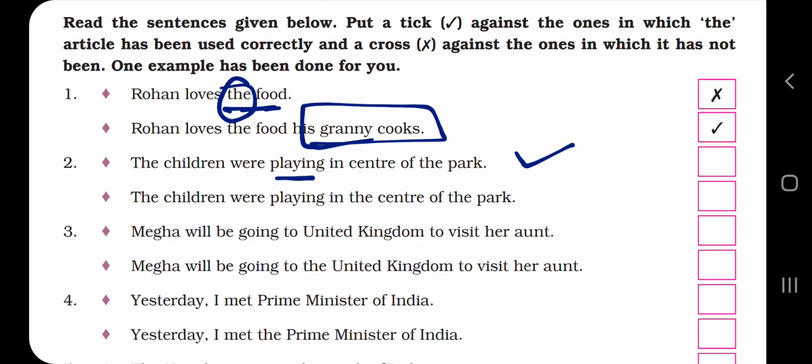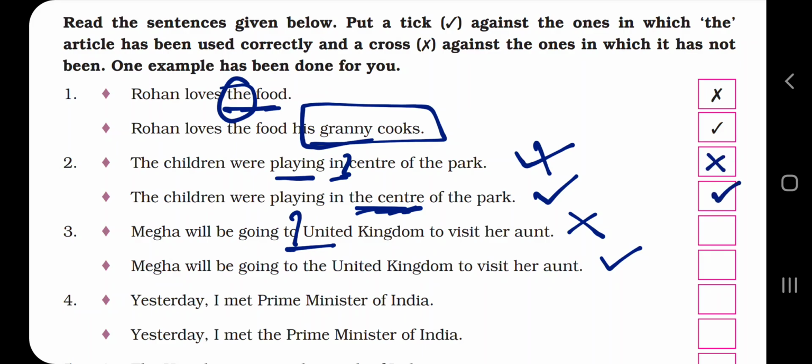This is wrong because center के पहले भी द आना चाहिए, क्योंकि center is a particular place. So this is wrong and this is right. Megha will be going to, again country के पहले द आना चाहिए, तो ये गलत हो जाएगा. तो इसका मतलब this is wrong and this is right. You can put it here in the box. Okay. This is wrong. This is right.